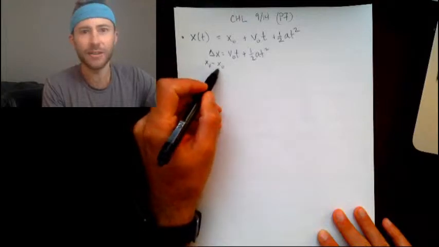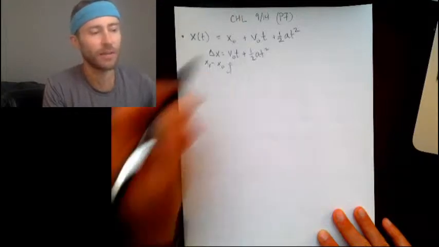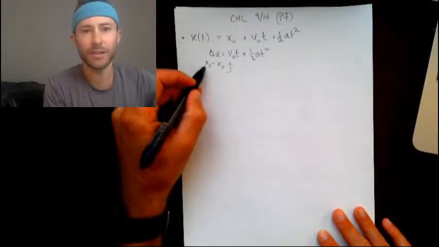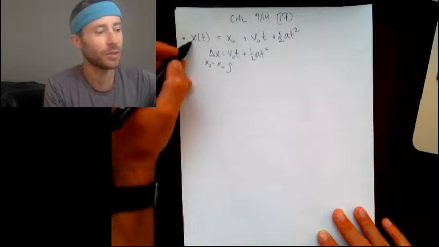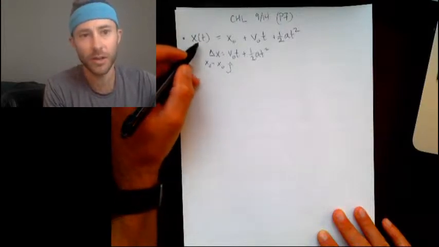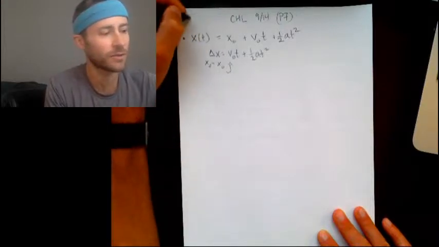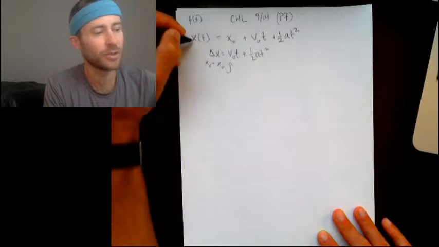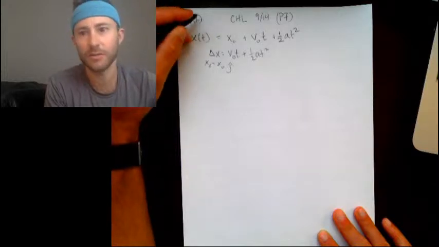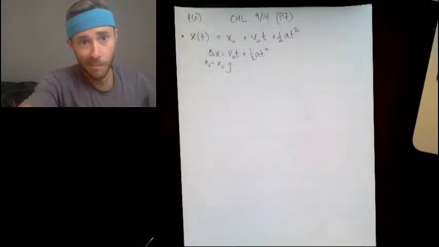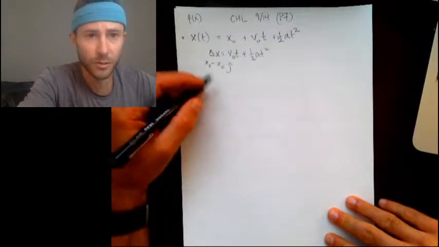So we've added the x initial term to the other side, and we're writing x final as position at time t, okay? This is kind of like f of x, right? Position at time t, function at value x. So it's a more mature way of writing it.